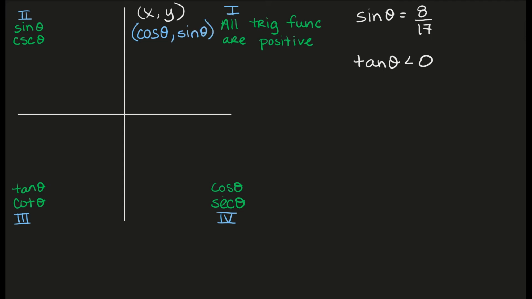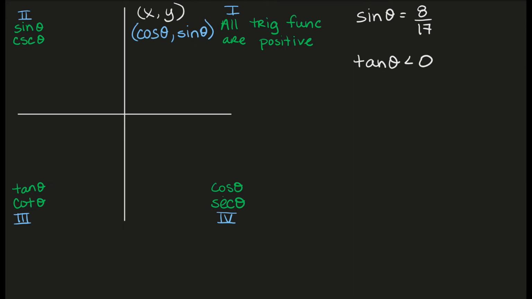The reason for this is explained in one of my prior videos, because they're using special right triangles in the unit circle, and they're showing you why cosine is the same value as your x coordinate and sine is the same value as your y coordinate. But for the sake of this video, we're just going to say that we already know that. So cosine has the same value as x, sine has the same value as y.